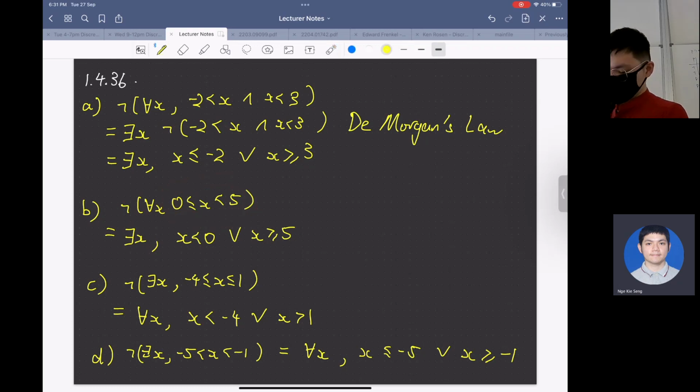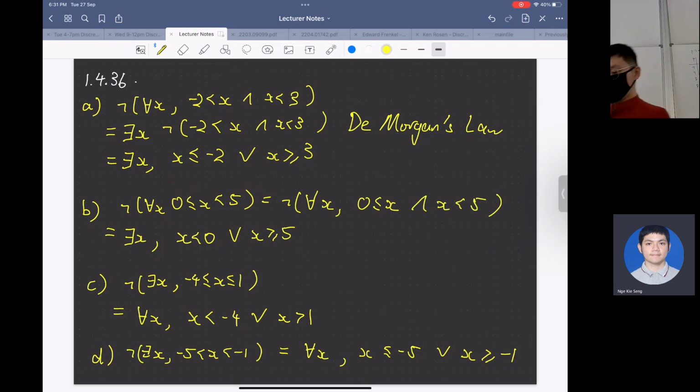And then this is an and proposition. So I can rewrite this as x 0 and x. And then you use De Morgan's law again. And becomes or, and then you negate the statement here, and then you negate this statement here. Makes sense?